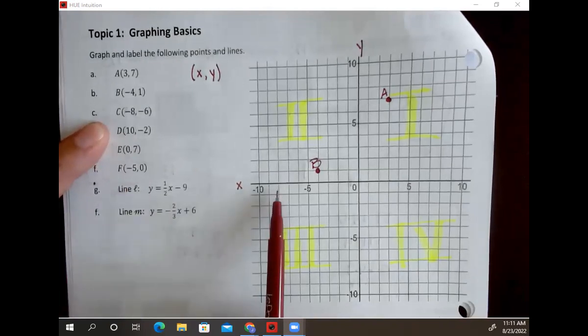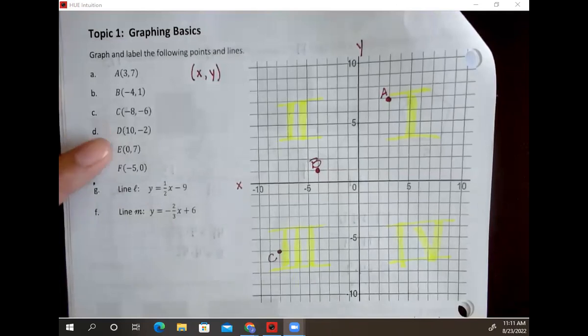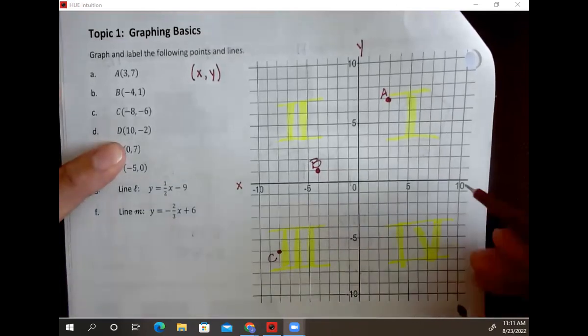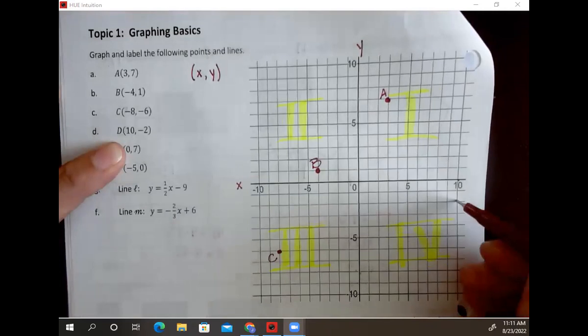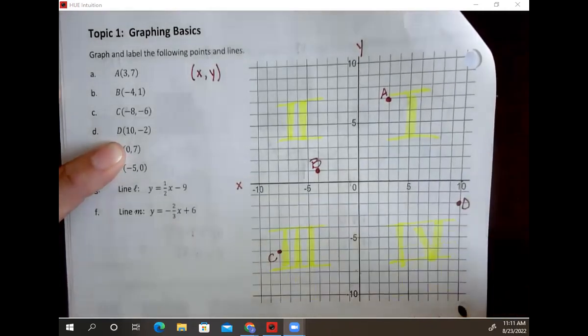So I go to where x is negative 8 and then down to where y is negative 6. There's point C. Point D, I'm going to where x is 10 and then down to negative 2 for y. So we're over here in quadrant 4 for point D.